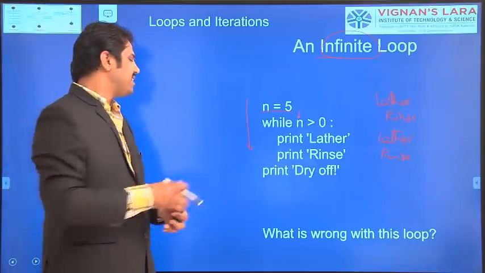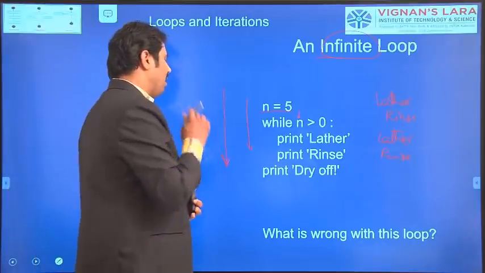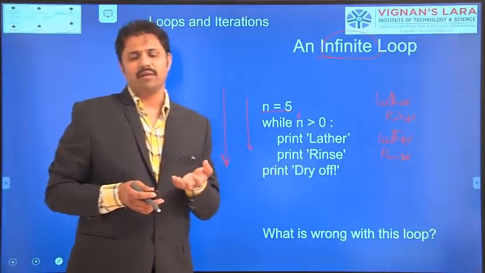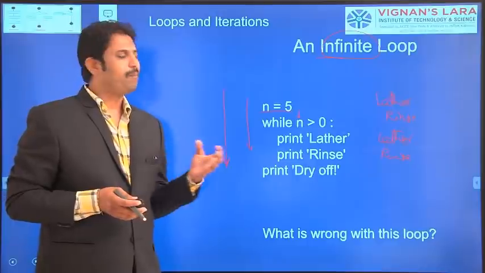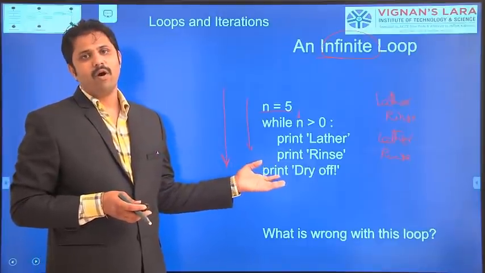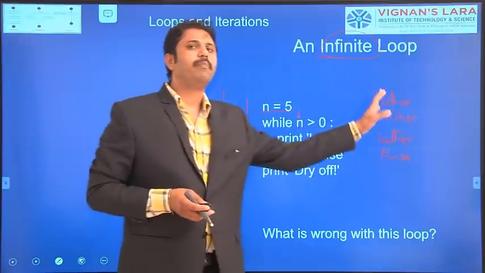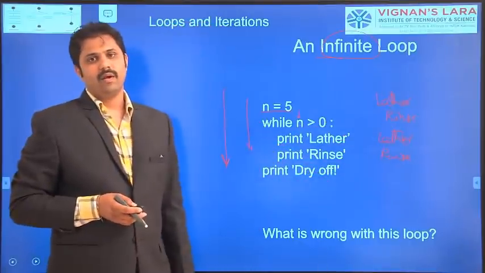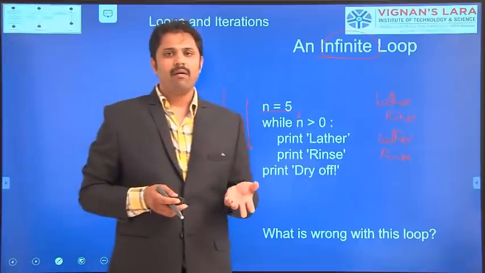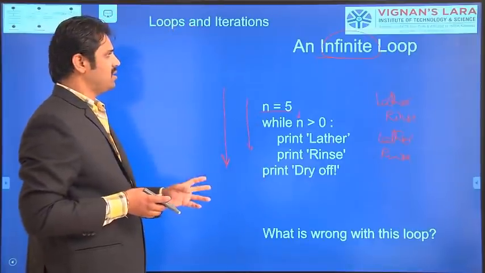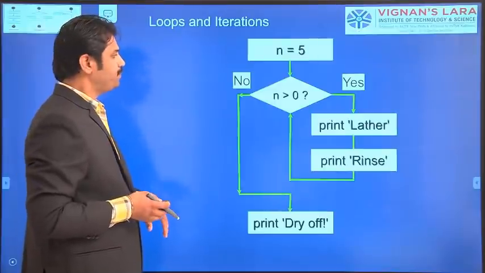This is a wrong thing in coding. You can't write these types of loops. It's going to print statements infinitely, so your system may hang or anything can happen. So this is the infinite loop.